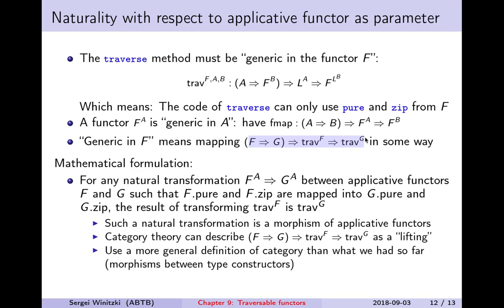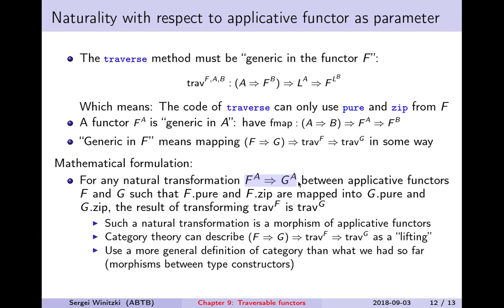Natural transformations between applicative functors need to be considered. So here's the mathematical formulation. We consider two applicative functors, f and g, and we consider a natural transformation between them such that it maps pure of f into pure of g, and it maps zip of f into zip of g.